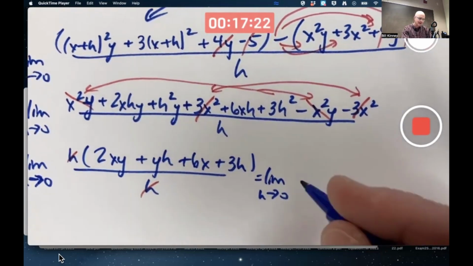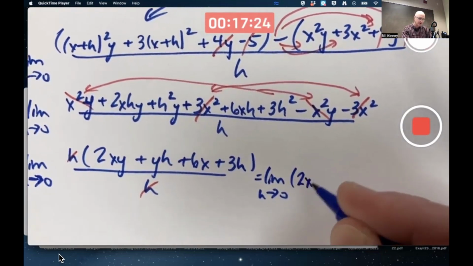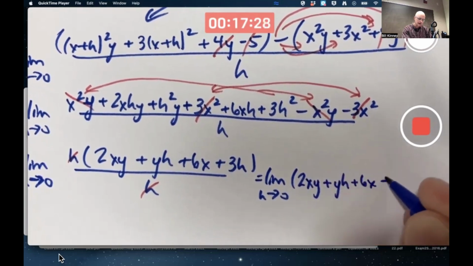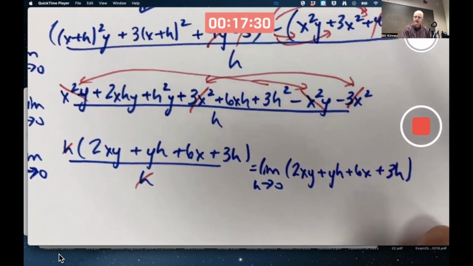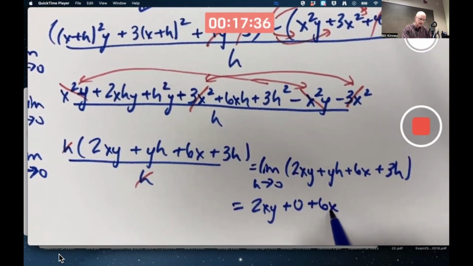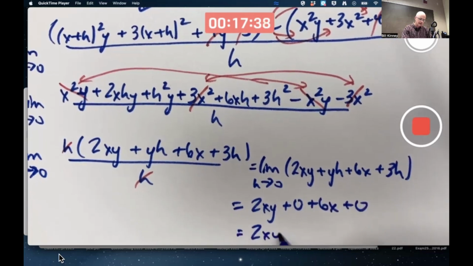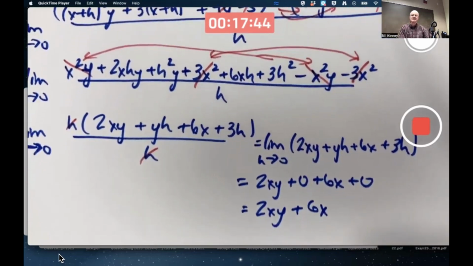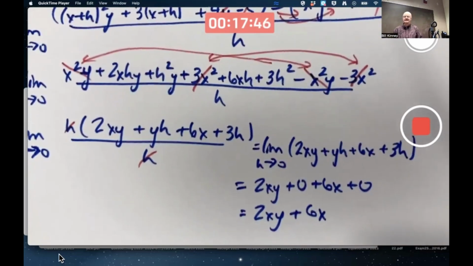I can evaluate the limit by plugging in h equals 0 into this one. It's a continuous function of h. Now substitute. Looks like the answer for the partial derivative of the original function with respect to x is 2xy plus 6h, or 6x.